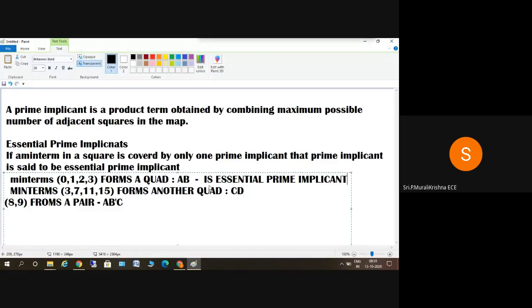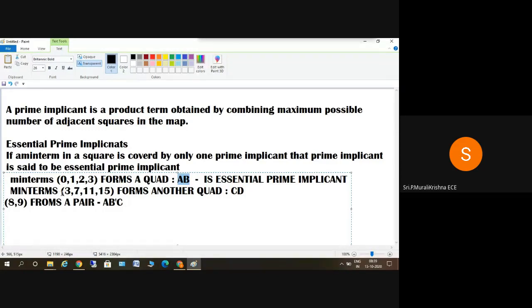So one min term is covered by only one prime implicant. What are prime implicants here? These are product terms obtained by grouping the maximum number of min terms. This is prime implicant 1, this is prime implicant 2, and this is prime implicant 3. We have to check the min terms covered by only one prime implicant. 0, 1, 2 are min terms covered only by this prime implicant AB.